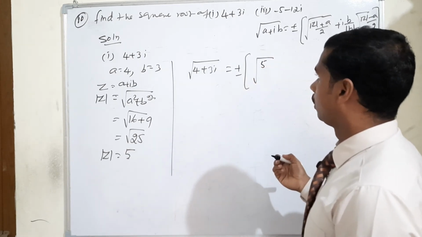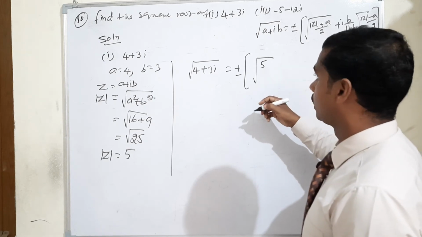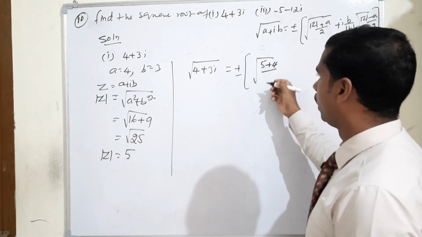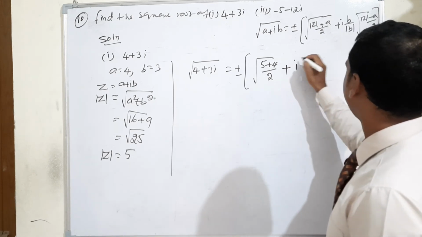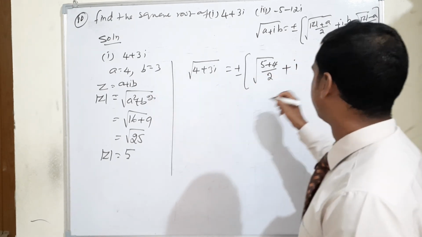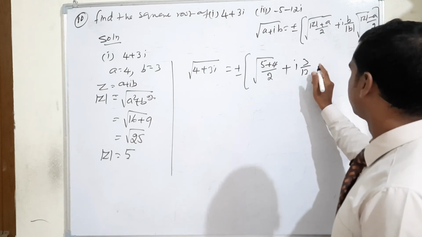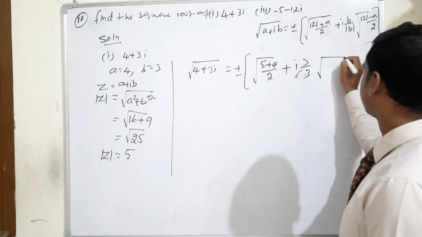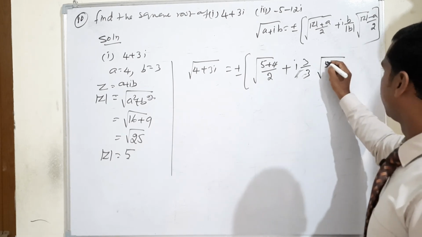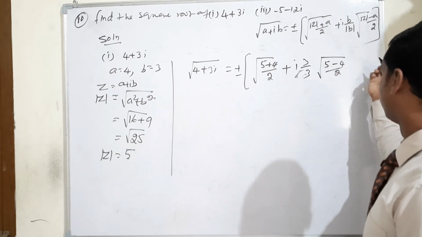Then modulus z plus a, that is 5 plus 4, by 2, again plus i, b by modulus b, which is a positive value, isn't it? So 3 by modulus 3, because there is no negative sign we can write directly, again square root of modulus z minus a, 5 minus 4 by 2, isn't it?